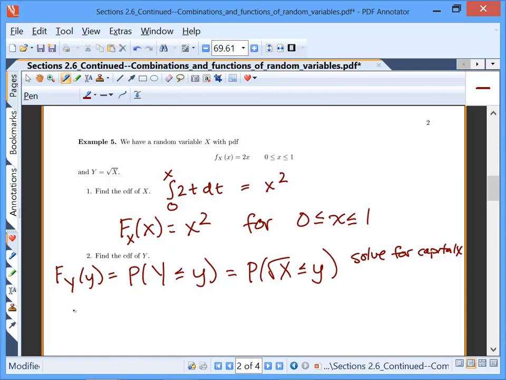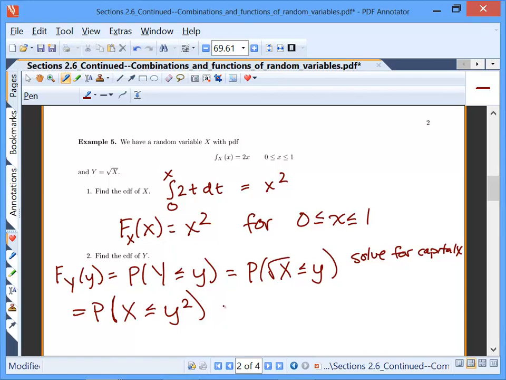Does squaring something preserve your inequality? So is a small number squared going to be bigger or smaller than a bigger number squared? So we have that x is less than or equal to y squared.